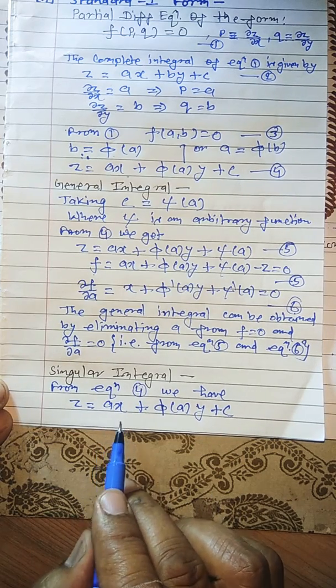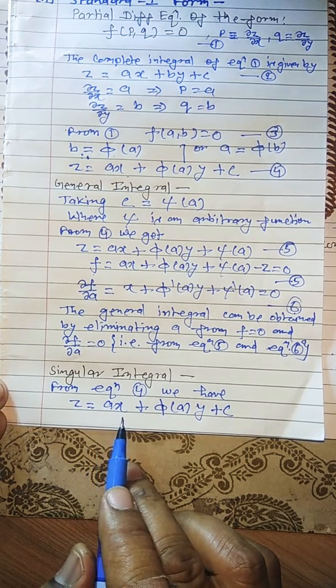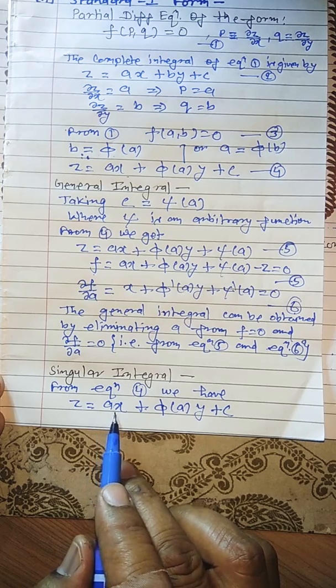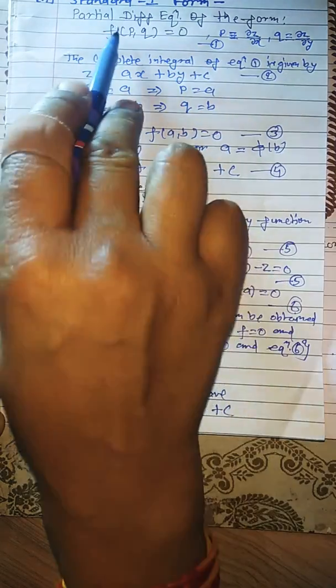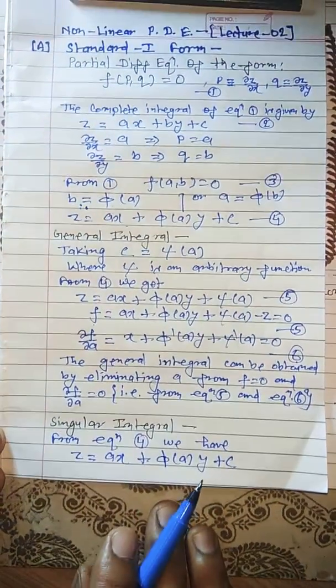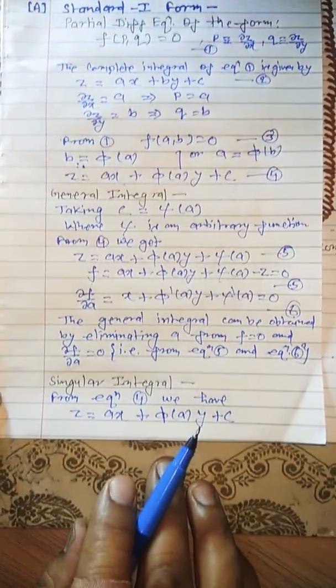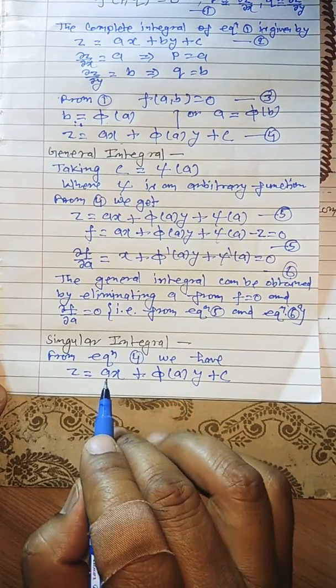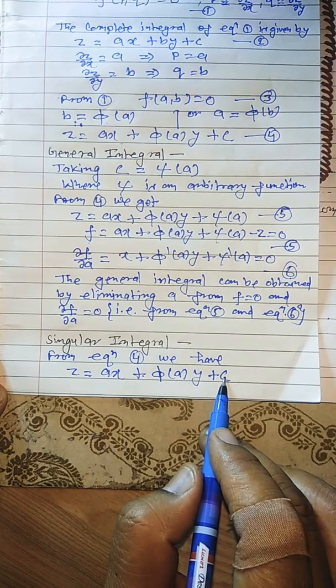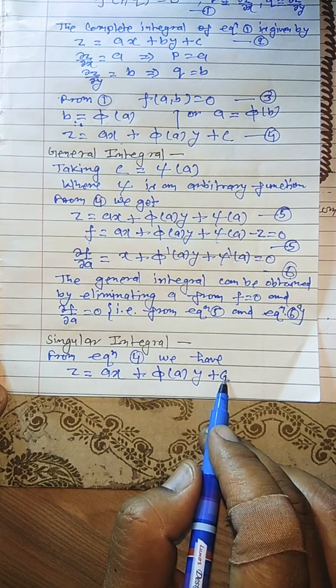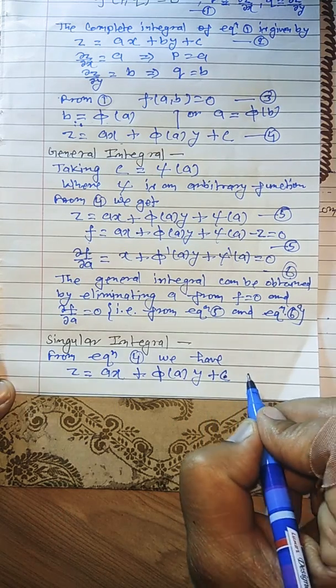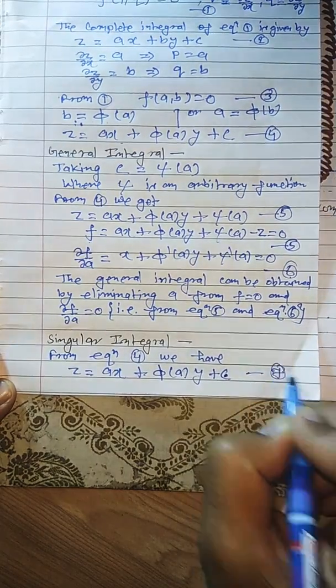Now in this complete integral of the given equation, we have two arbitrary constants, a and c. Suppose this is equation number 7.